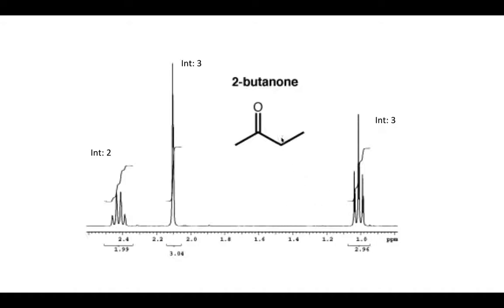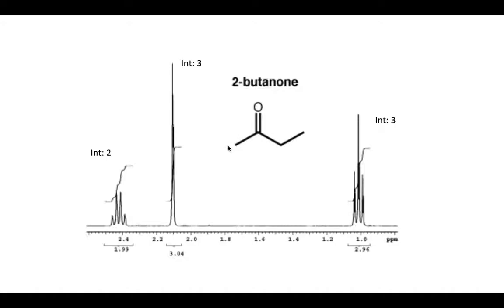Now of the 2 that are next to the carbonyl group, we see these 2 hydrogens here, 2 hydrogens with 3 neighbors. That should give us an integration of 2, but a splitting of 4, right? So we see a quartet here. And this one, we see these 3 hydrogens, integration of 3, but notice there's no neighbors. This carbon doesn't have any hydrogens on it because it's bonded 4 times already.